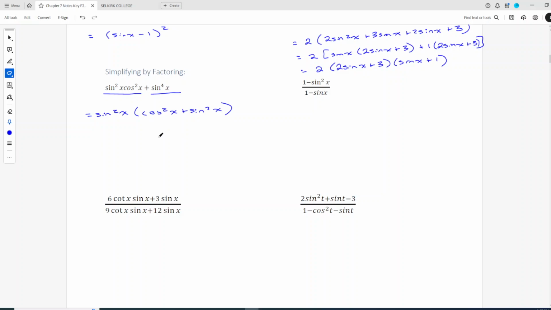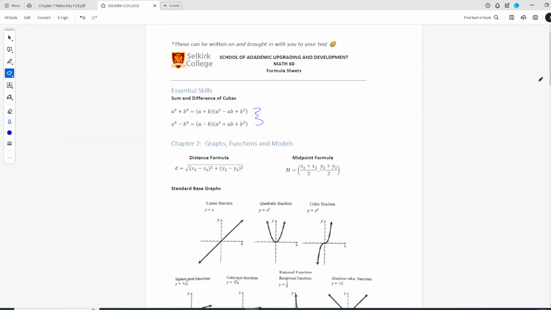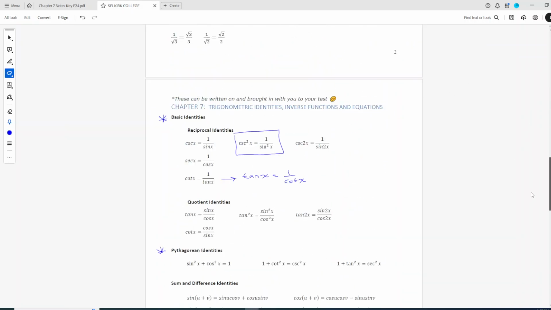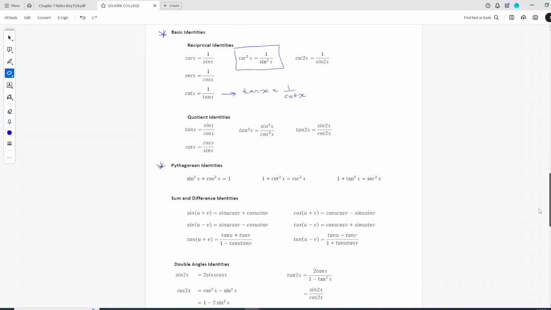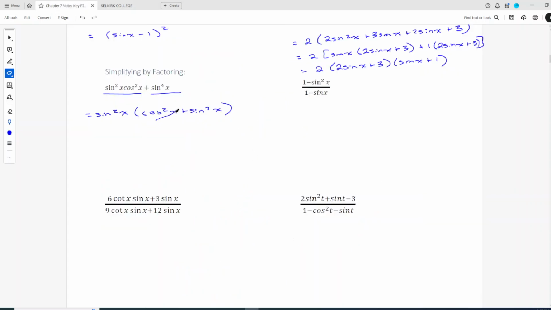Except, I now have an addition of two squared trig terms. I have cos squared x plus sine squared x. Woo woo woo! Sine squared x plus cos squared x equals 1.